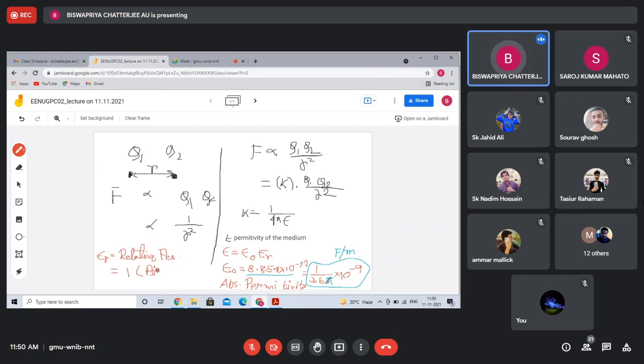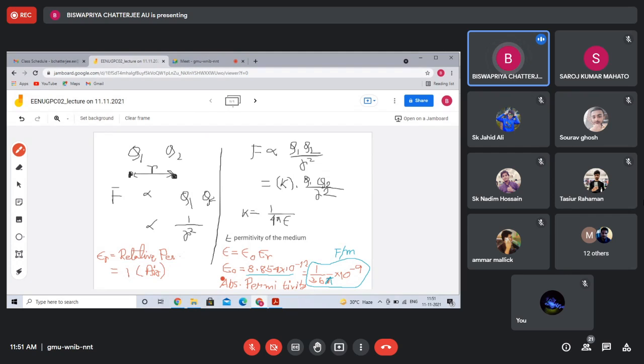Now in our practical discussion, mostly we encounter air, so we always take epsilon r equal to 1. So this is all about epsilon. It is the permittivity of the medium. It is the special characteristic of the dielectric medium.